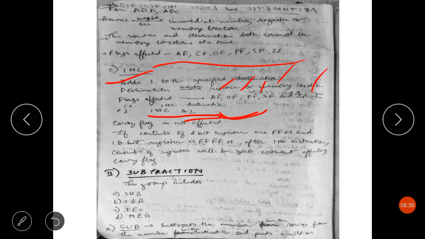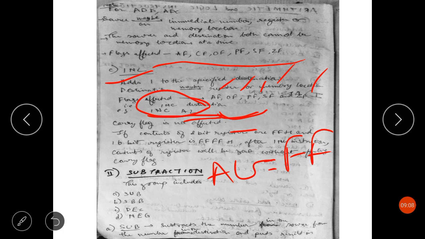Carry flag is not affected, because suppose I am using the instruction INC AL, and if the content of AL is FF, that is the highest 8-bit number, and I am using the increment instruction, then after the INC instruction the content of the register will be 0 without affecting the carry flag.